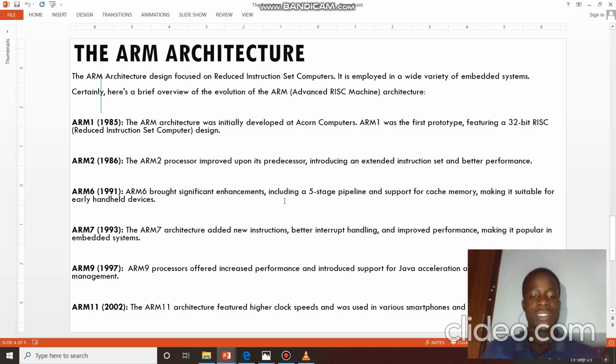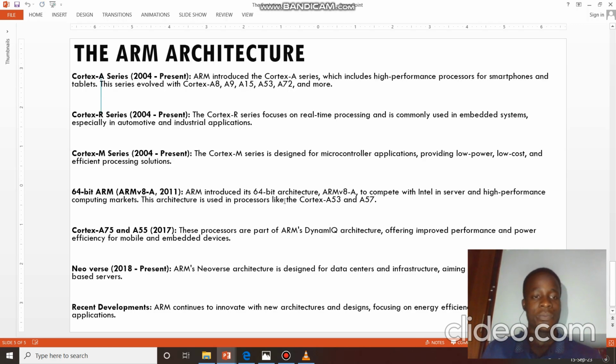ARM9 processors offered increased performance and support for Java acceleration. Then, around 2000, the ARM11. The ARM11 architecture featured higher clock speeds, used in various smartphones and embedded systems, which increased the speed of such devices.